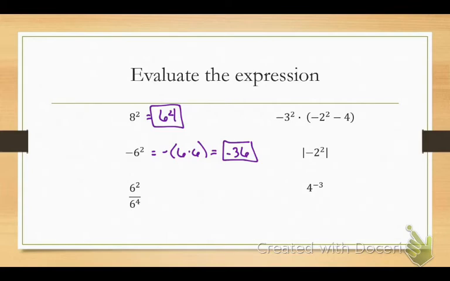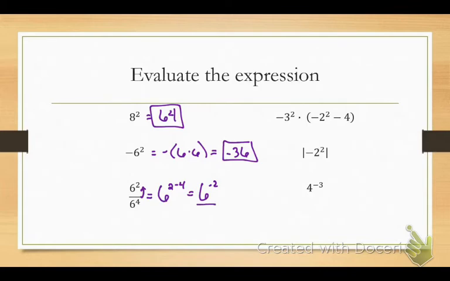Quotient of powers here. I do need to evaluate, but I first have to simplify my exponents. So this means 6 to the 2nd power minus 4. What is 2 minus 4? -2. Can you evaluate a negative exponent? No. So what can you do?